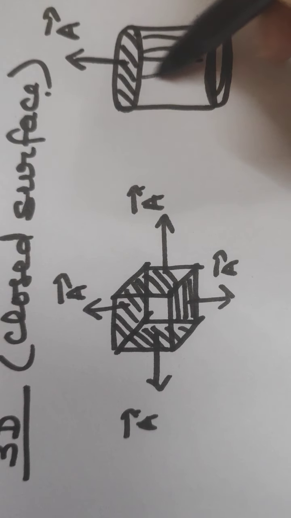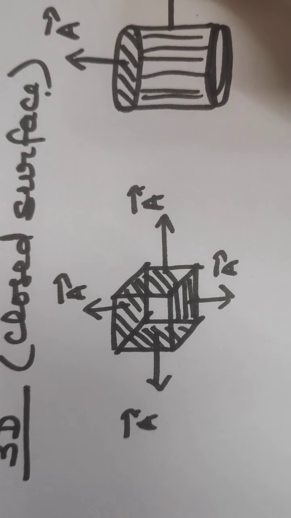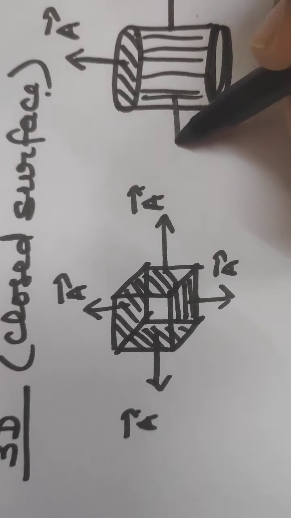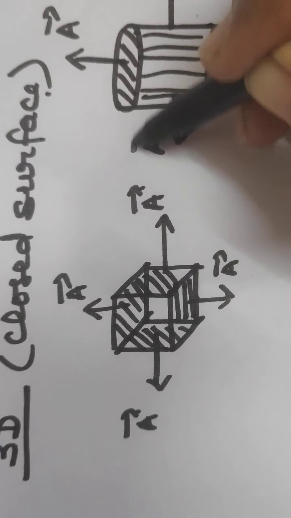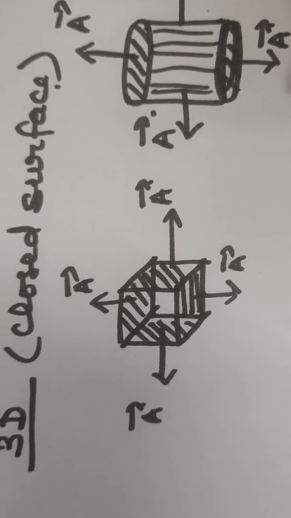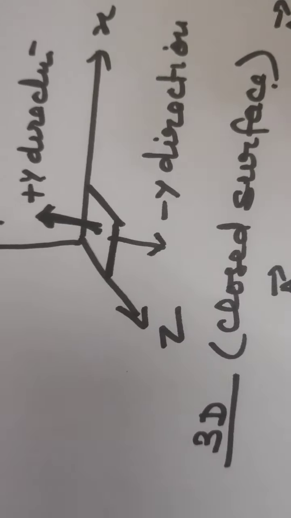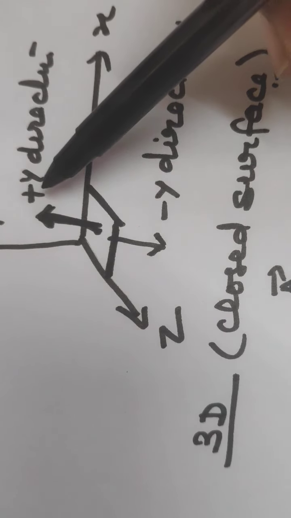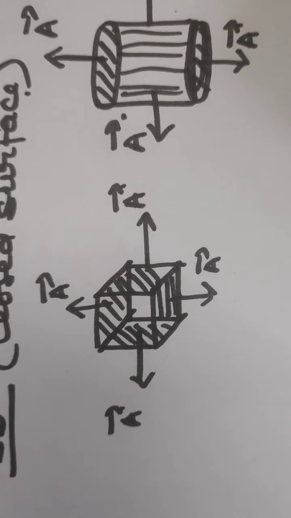For this, the area vector is in this direction, for this the area vector is this, and for this surface the area vector is this. So it has only one direction, that is normally outward, in a closed surface, and in an open surface it may have two directions but always normally outward. So this is the area vector.